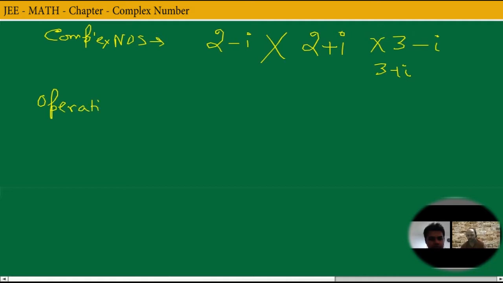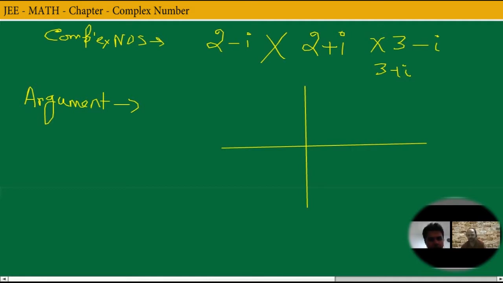Operations means, okay, before that we can discuss one more point I forgot to mention. It's argument. If we try to plot, suppose z equals a plus ib. So argument of z generally has two concepts, principal value and other values.